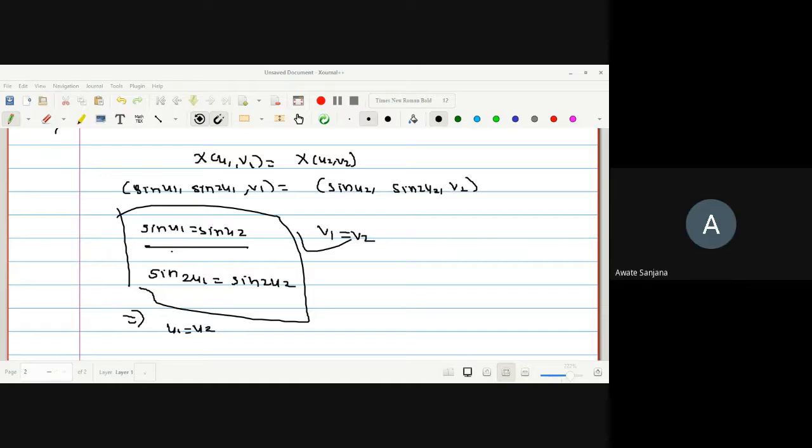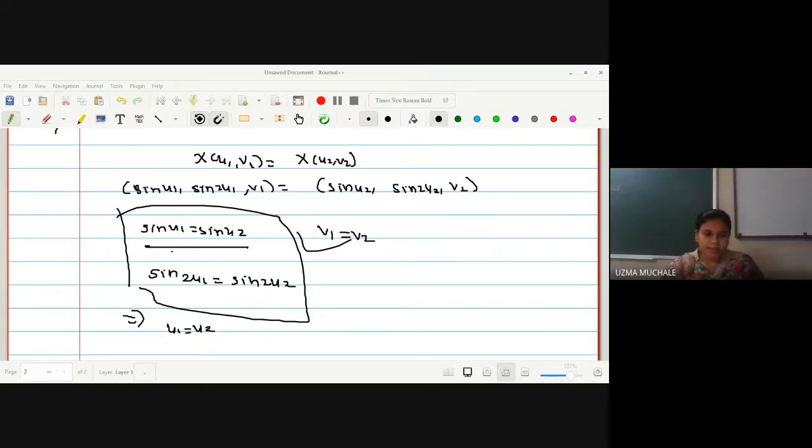Can anyone tell me whether u1 is equal to u2? For that you must know the domain of u. What is the condition on u? It is minus pi to plus pi, right? That is given as an open interval. So can you imagine that sin u1 will be equal to sin u2, considering the domain of u is the open interval minus pi to pi? Is it possible?